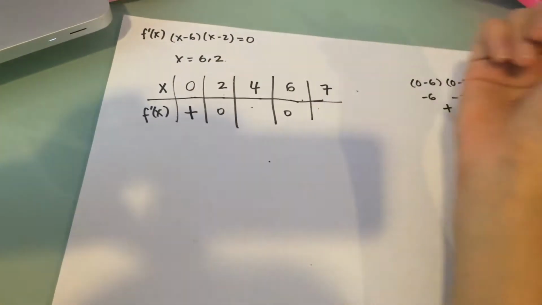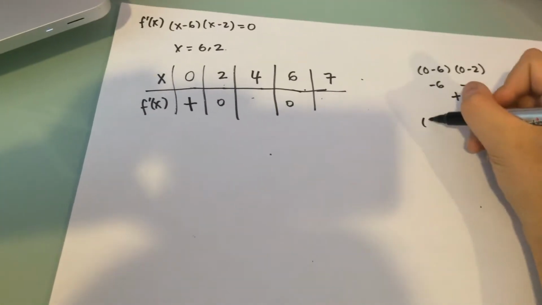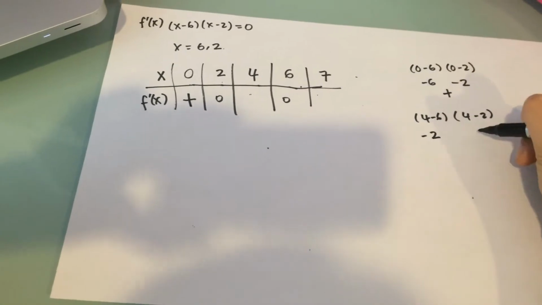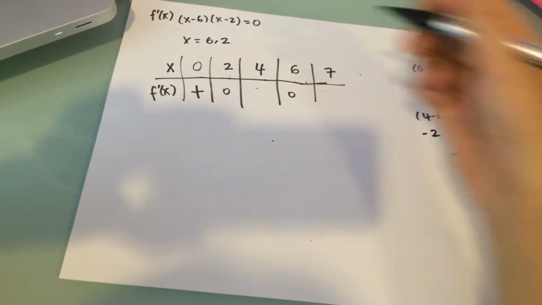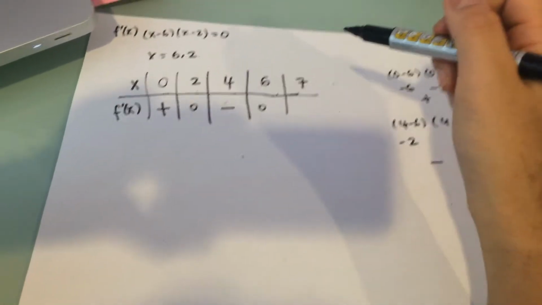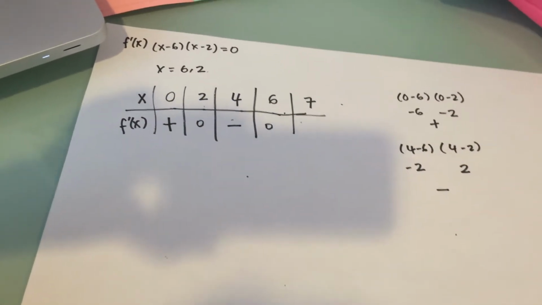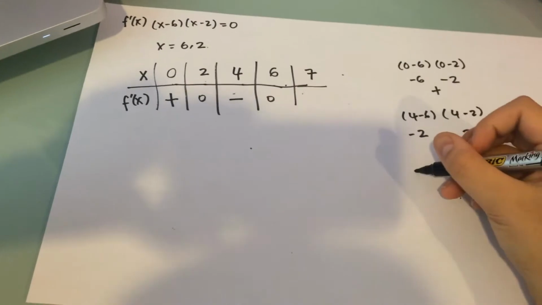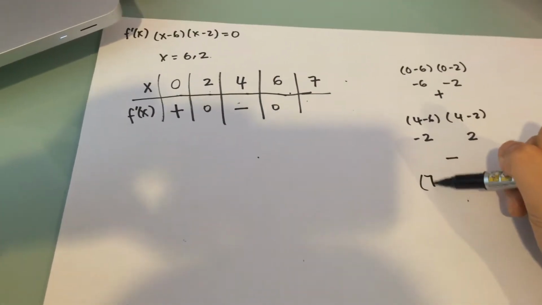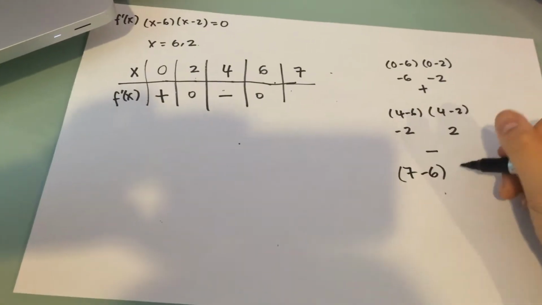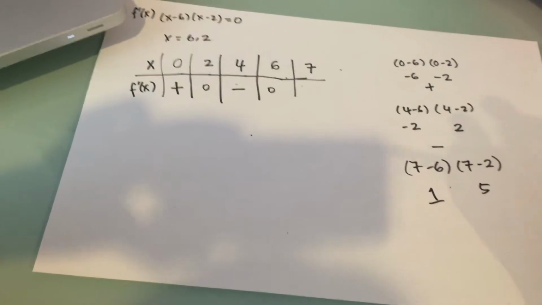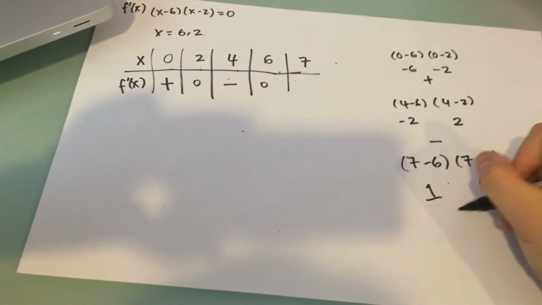So here is positive. We plug in 4: 4 minus 6, 4 minus 2, here is negative 2, 2, negative times positive, negative. So here is negative. For the last one, the value is greater than 6, so I choose 7. So 7 minus 6, and 7 minus 2, it is 1 and 5, positive times positive becomes positive.